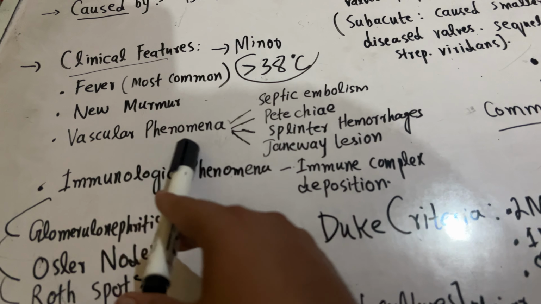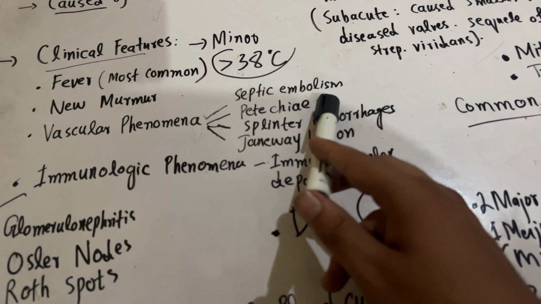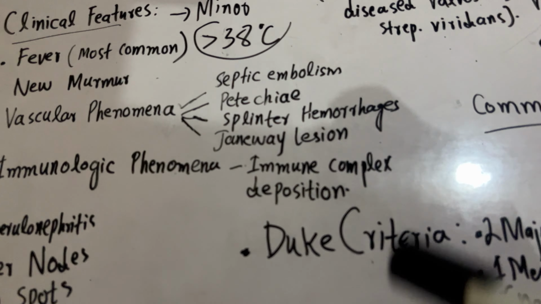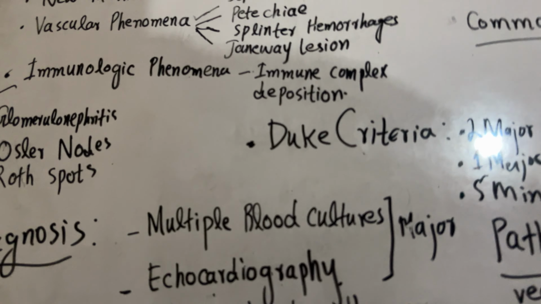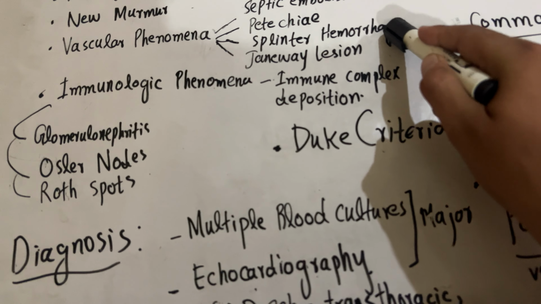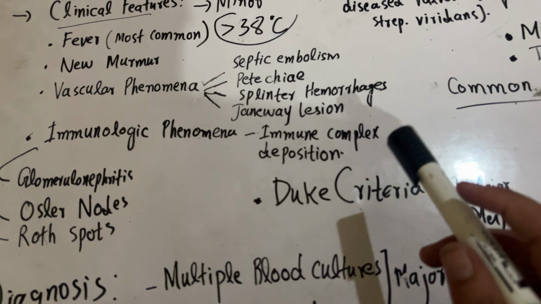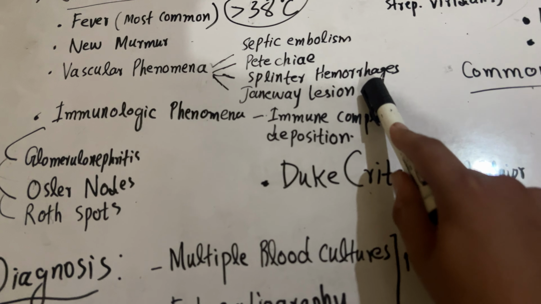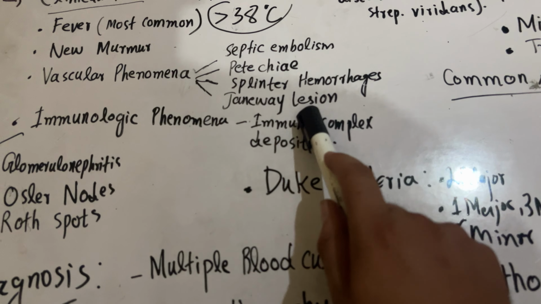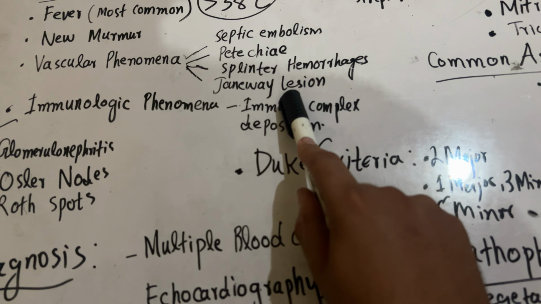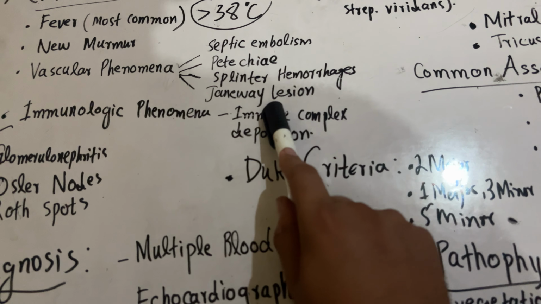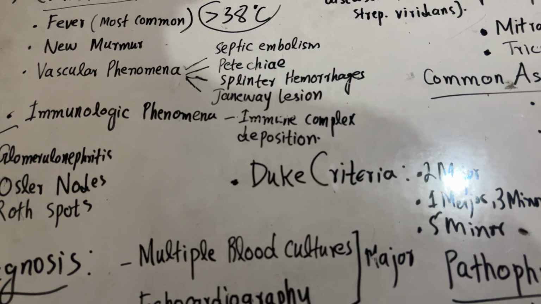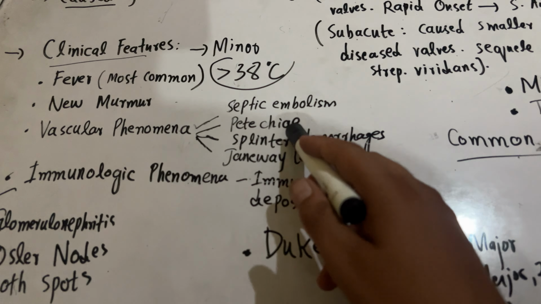It can present with vascular phenomena, which can be septic embolism, petechiae, splinter hemorrhages, and Janeway lesions. So what are splinter hemorrhages? They are linear hemorrhagic lesions on the nail bed. I will show you the picture later. Janeway lesions are present on palms and soles, and they are painless flat erythematous spots.